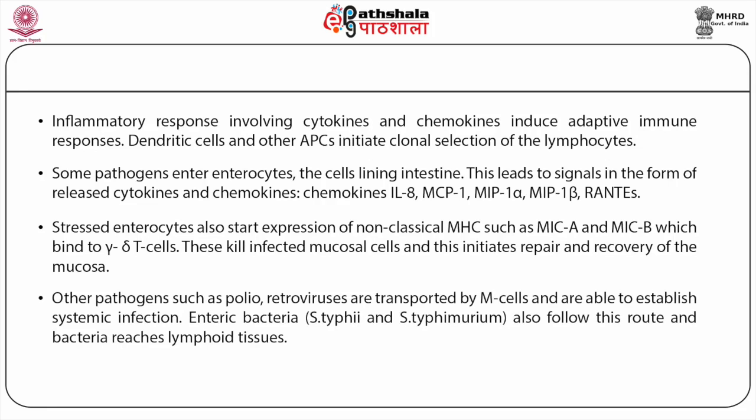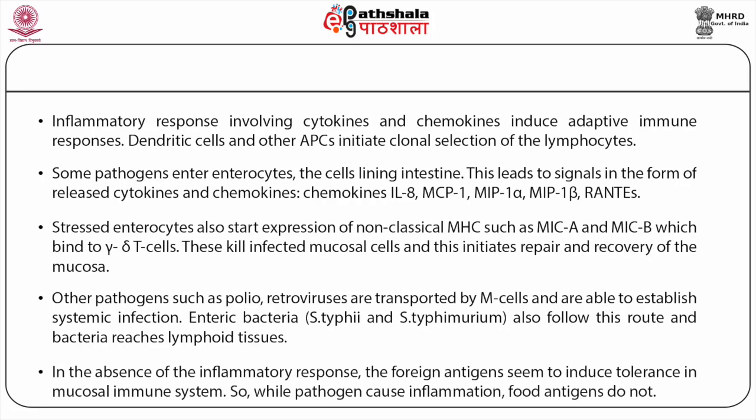Other pathogens such as polio and retroviruses are transported by M cells and are able to establish systemic infection. Enteric bacteria also follow this route, and bacteria reach lymphoid tissues. In the absence of inflammatory response, the foreign antigens seem to induce tolerance in the mucosal immune system. So, while pathogens cause inflammation, food antigens do not.